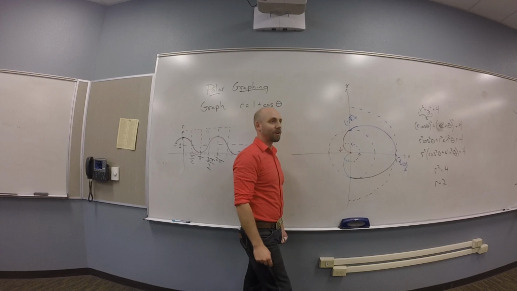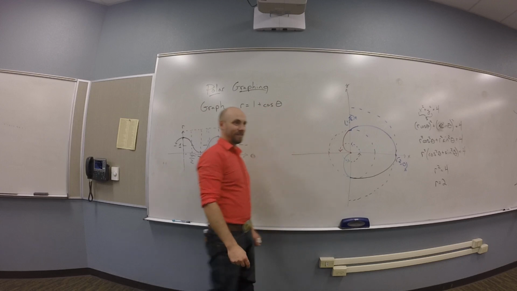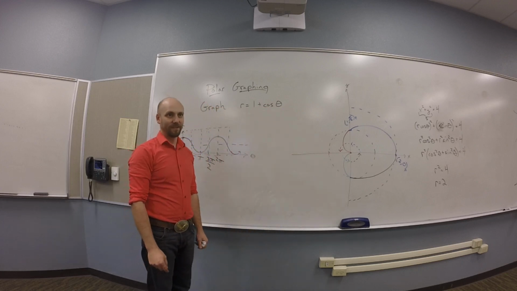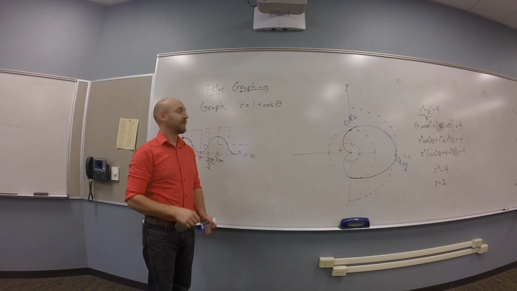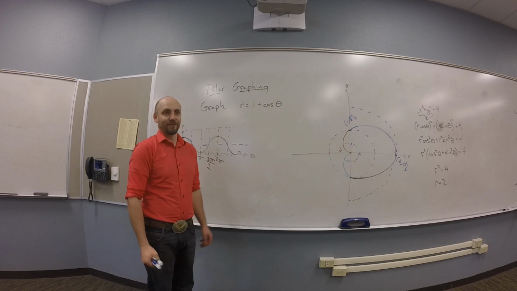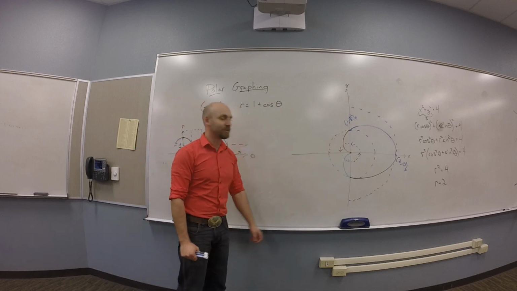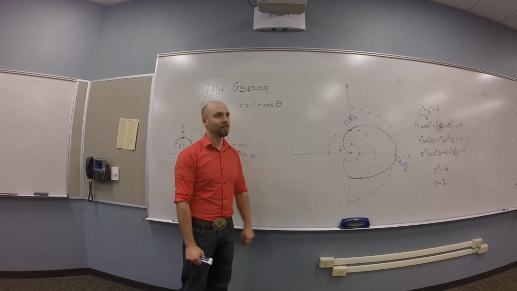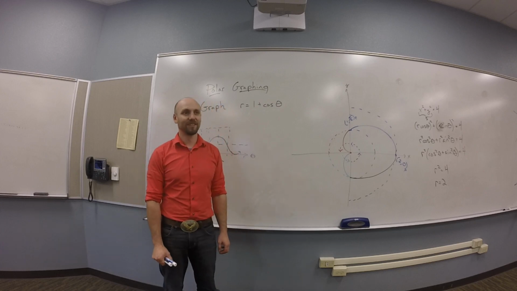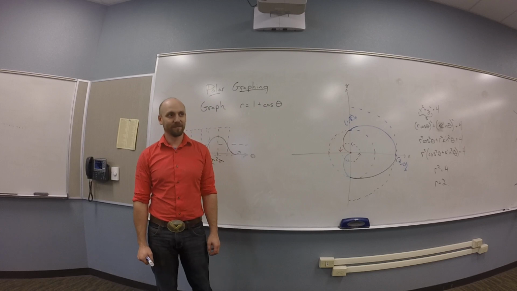Sure, it seems like that'll work. A graph of a normal function is a graph, and the graph of a polar function is a polar graph. Sure, that's reasonable. I did make the title polar graphing. So yeah, that's probably a reasonable thing to call a polar graph. Personally, I would call it a graph of a polar function, but that's totally a semantic difference. So don't sweat it. Cool?